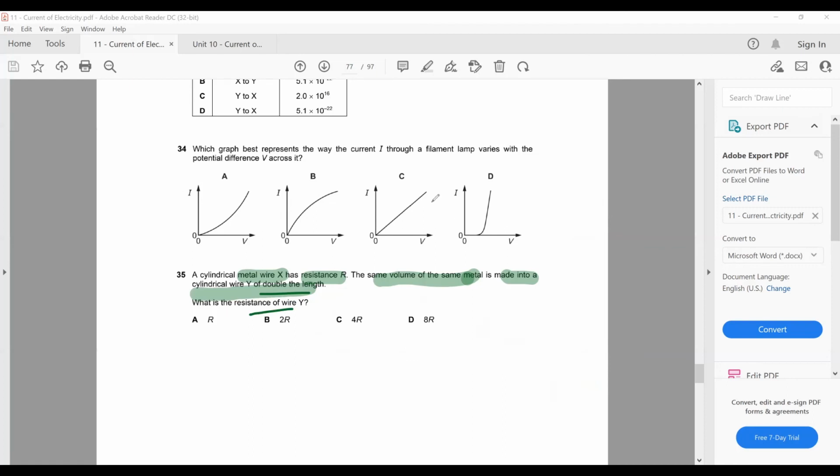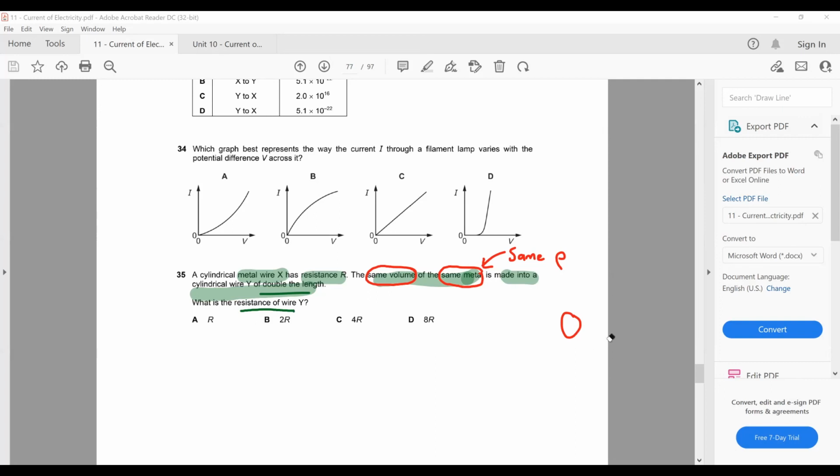Okay, so there are a few things here that are of interest to you. Specifically, they told you it's the same metal. When they say it's made of the same metal, that means it has the same resistivity. And then this one here, they told you it has the same volume. So what is the resistance of wire Y? Let's go with the case where we're talking about volume first.